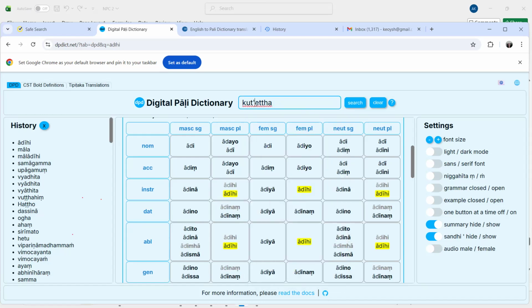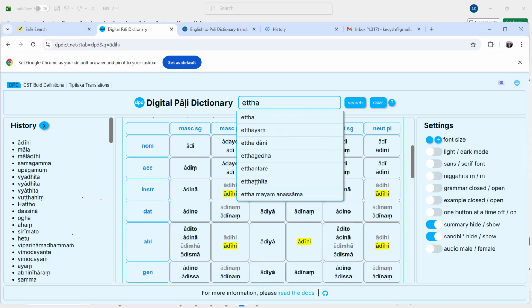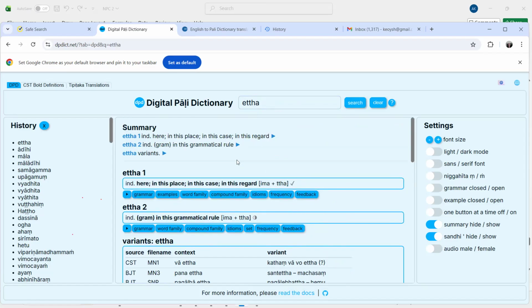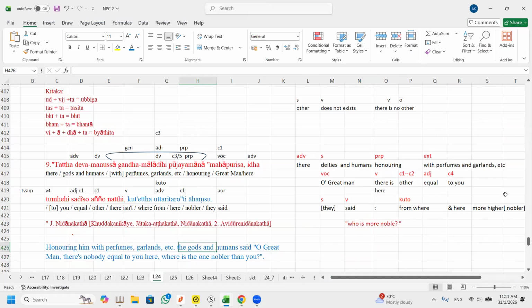That means I take away this one. Eta, here, or there. Can you see? Here, in this place, in this case, we take here. So here, kuto is from where?